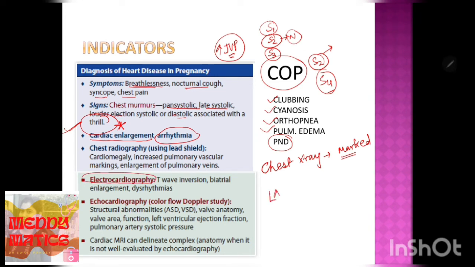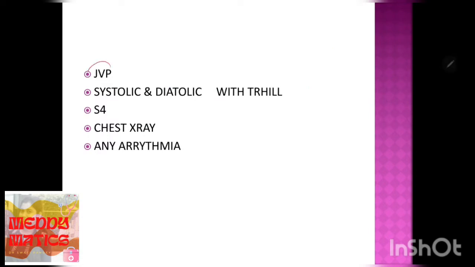On electrocardiography, that is ECG, normally you will get LAD, that is left axis deviation. Here you will get T wave inversion, atrial enlargement, and dysrhythmias. Structural abnormalities can be seen with echocardiography, like ASD or maybe VSD, some valve anatomy problems, and the ejection fraction may be less. So JVP will increase, with systolic and diastolic murmurs with a thrill.